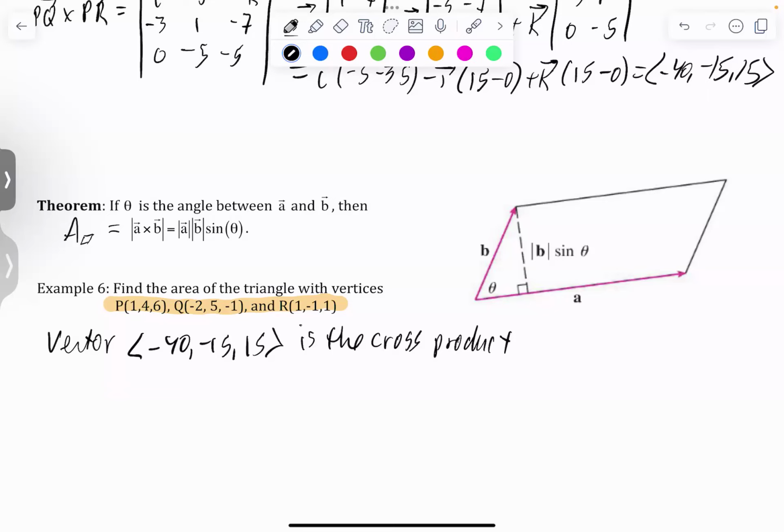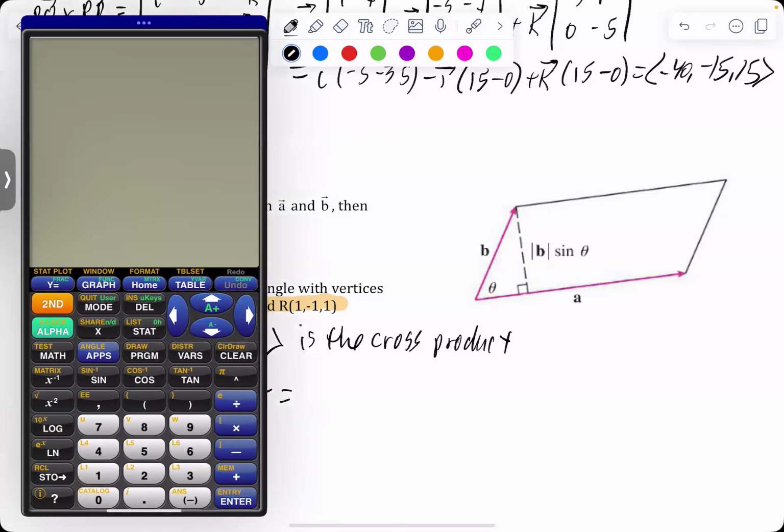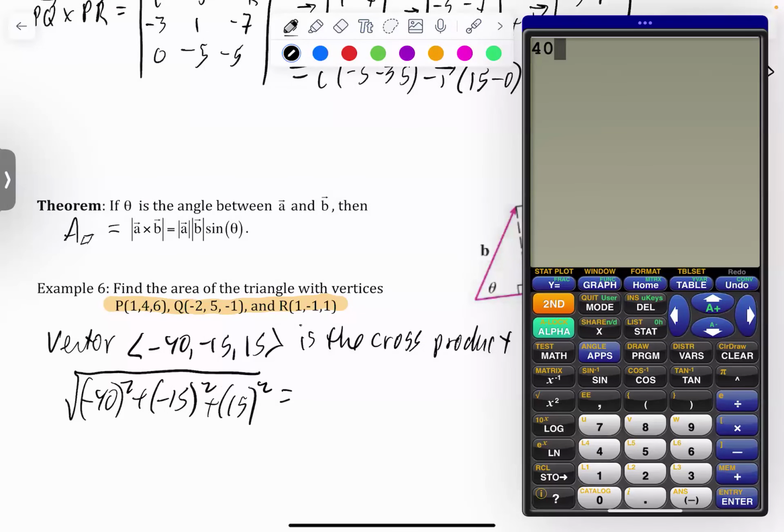So really all I need is the magnitude. So let's find the magnitude. So 40 squared plus 15 squared plus 15 squared is here, square root of 2050.